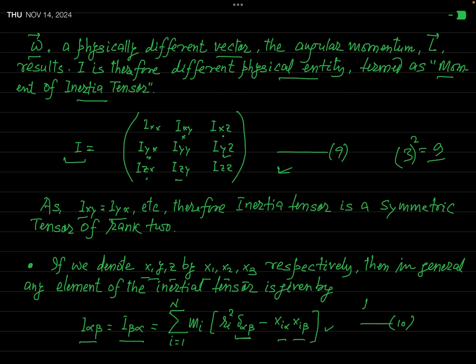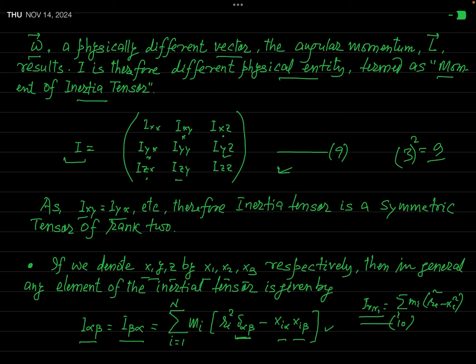Then Ix, that is Ix1x1, will be the summation over i of mi times ri square, since the Kronecker delta is 1, minus xi square times xi square, that is xi square.